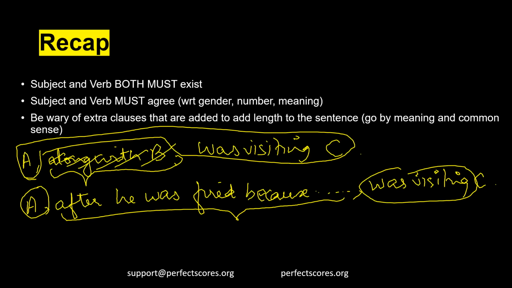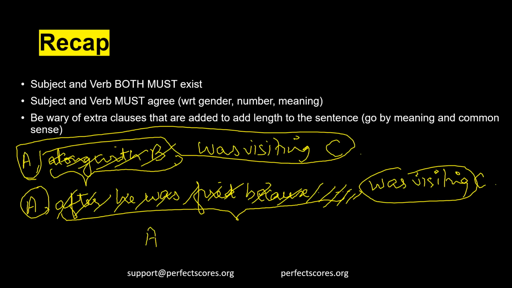So again, you need to practice enough. You need to read enough of these sentences and questions to realize that this is all extra. So this will probably not be in the underlined part of the sentence as well, because this is added just to confuse you. So you need to understand how these questions are made.